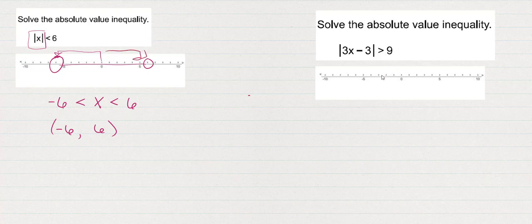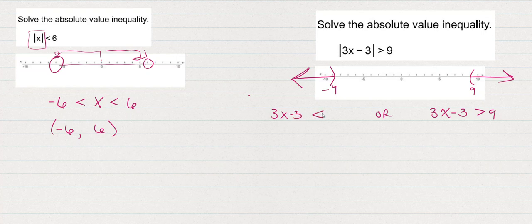Well, now for this next one, we're saying that the absolute value is greater than 9. So we're starting at -9 and 9 and going out from there. Let's start with this easier one to comprehend: 3x minus 3 is greater than 9, or 3x minus 3 is less than the opposite of 9.